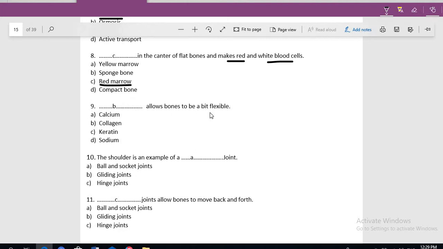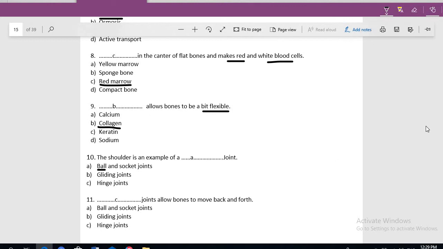Collagen, the type of protein which is present in the bones, allows bones to be a bit flexible. The shoulder is an example of a ball and socket joint.